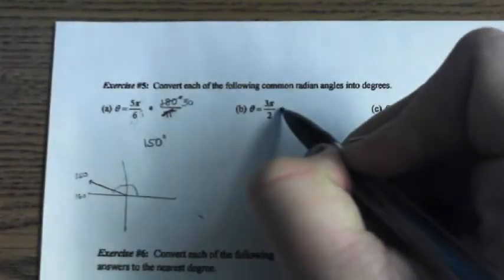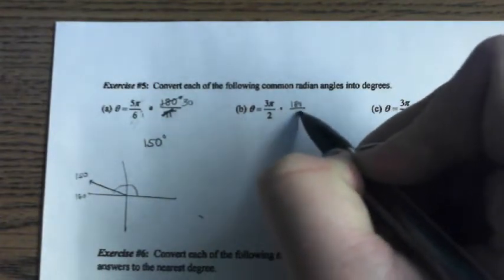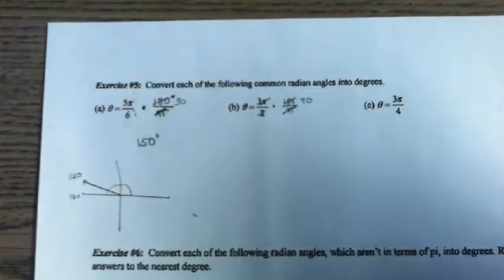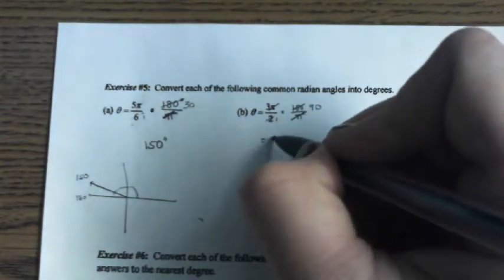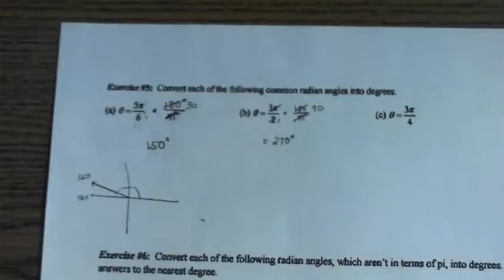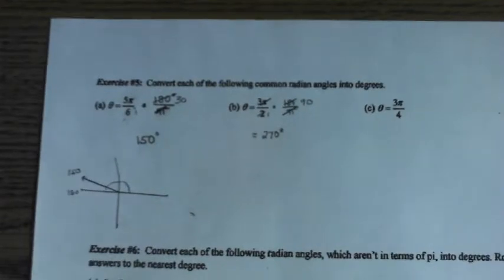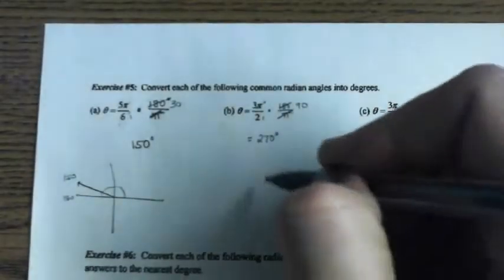For this one, again, you'd multiply by 180 over pi. Your pi's will cancel. Your 180 over 2 becomes 90 over 1, technically. And 3 times 90 up top gives you 270 degrees. 3/2 of pi is like 1.5 pi.